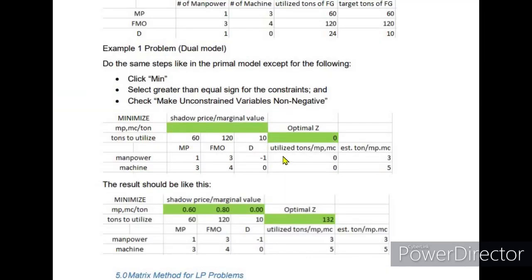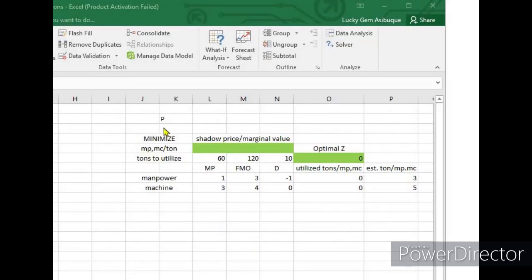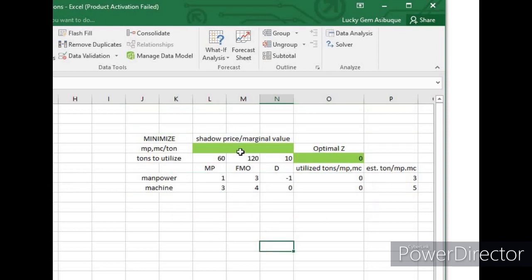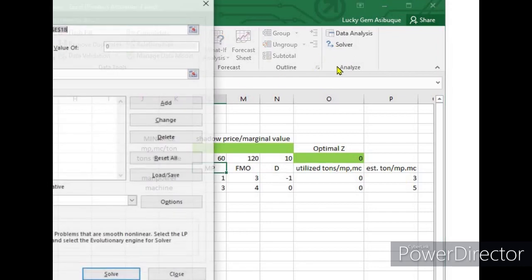Now for example number 1, the dual problem of example number 1. This is how you do it. In Microsoft Excel, you make your table again, just like this. Again, after you make your table, you click data, then solver.